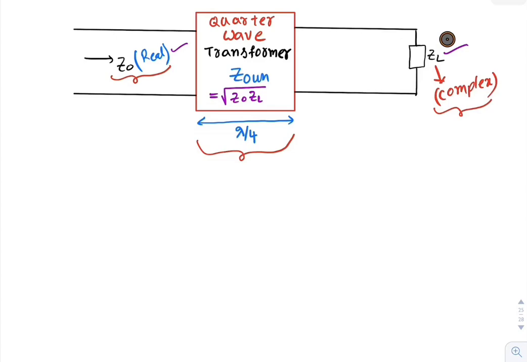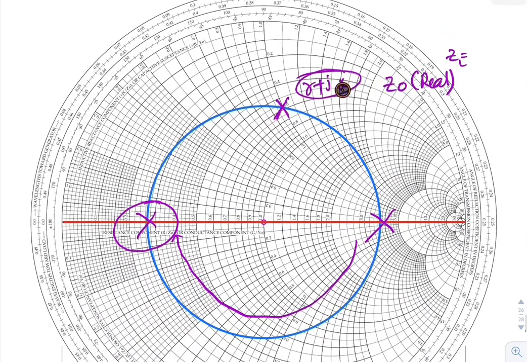Since ZL is complex, on a Smith chart, ZL is available here. If I move this length on the transmission line, this impedance R plus jX will look like a real value at this point. Am I right? That means if I insert a transmission line whose length corresponds to this angle, then the impedance which is available here, which is complex, after traveling this distance will become real at this point.